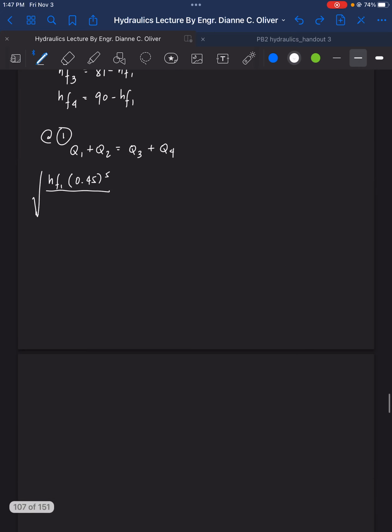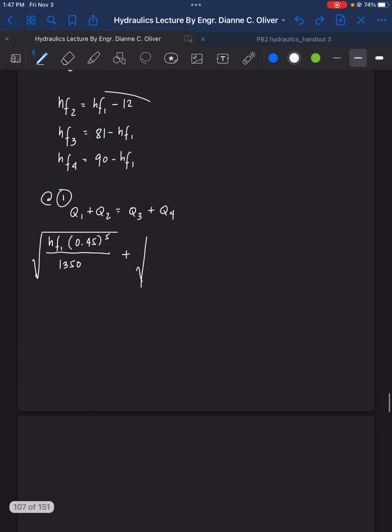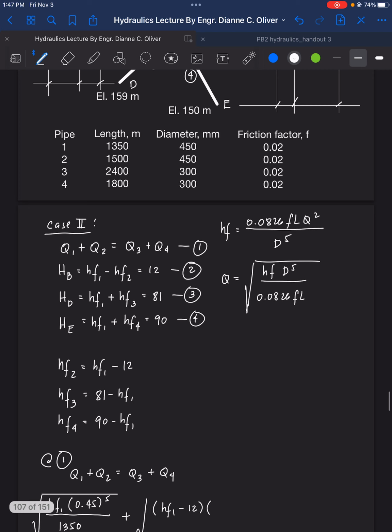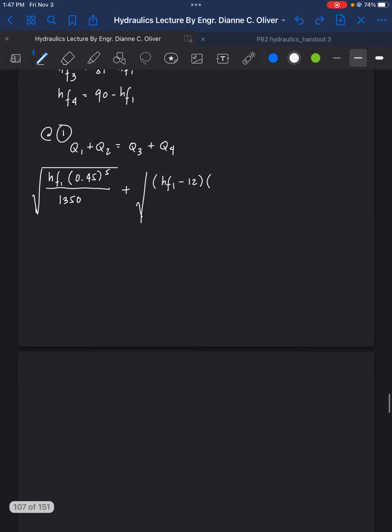So what's left is the length, 1350. Next, plus the square root for Q2, which is HF1 minus 12 times 0.45 raised to 5, then the length of 1500.